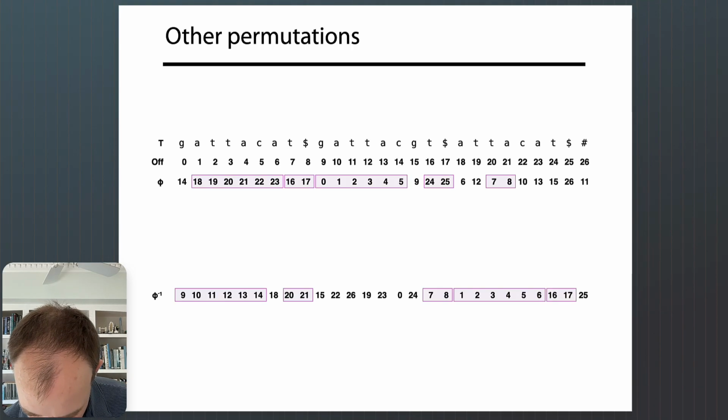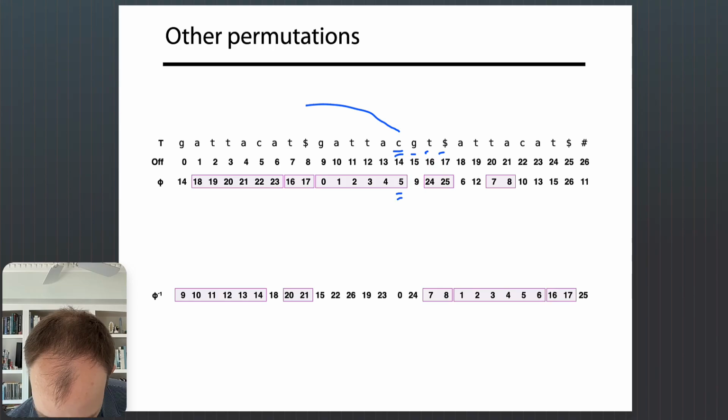So, for example, this C here, which has GT dollar after it, has a 5 here in the phi function because the C at offset 5 over here is the one that's alphabetically just prior: CAT dollar before CGT dollar.